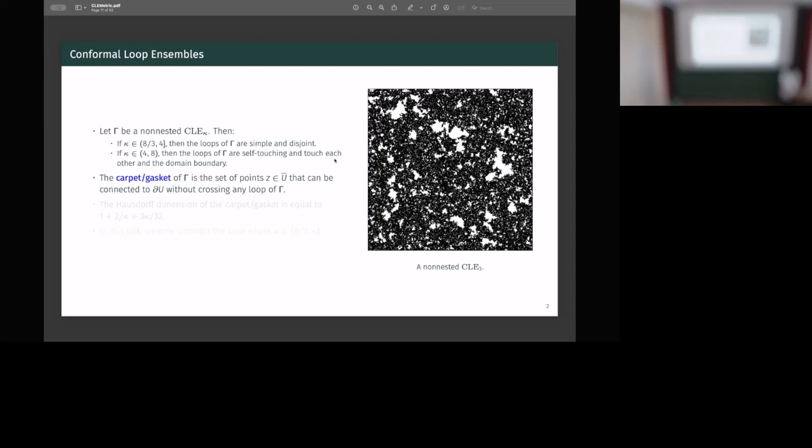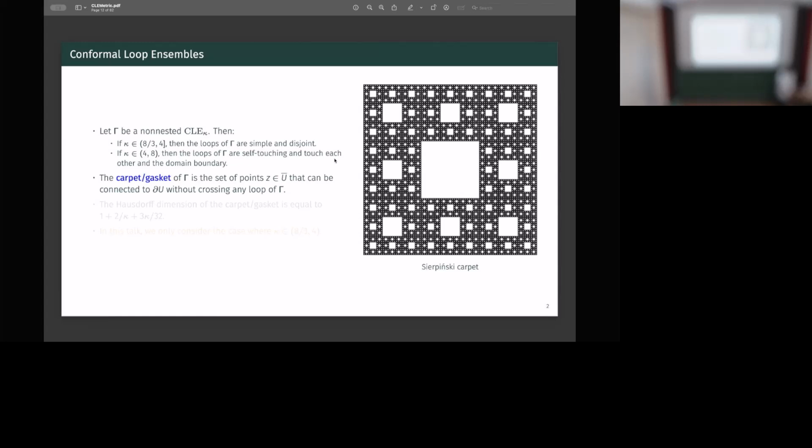The name comes from the Sierpinski carpet and gasket. The Sierpinski carpet is obtained by removing more squares from a unit square. If you consider the boundaries of these removed squares as loops, these loops are disjoint, just like the CLE case when kappa is at most 4.